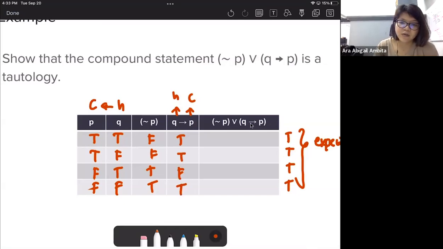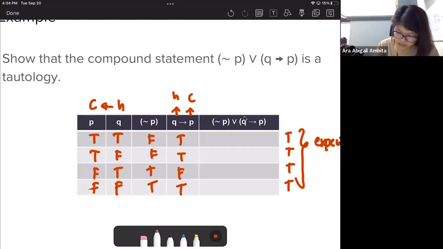Now let us combine this expression, not P or the implication of Q and P. Let us look at these values. First we have false or true.